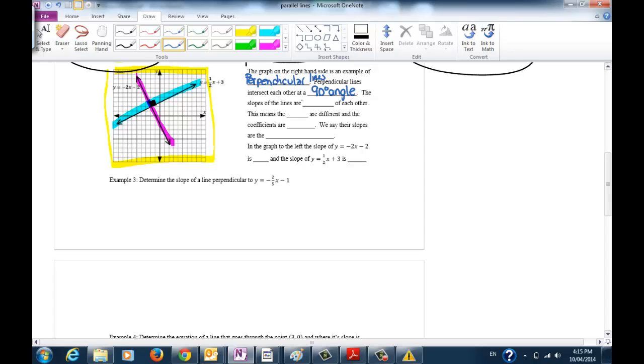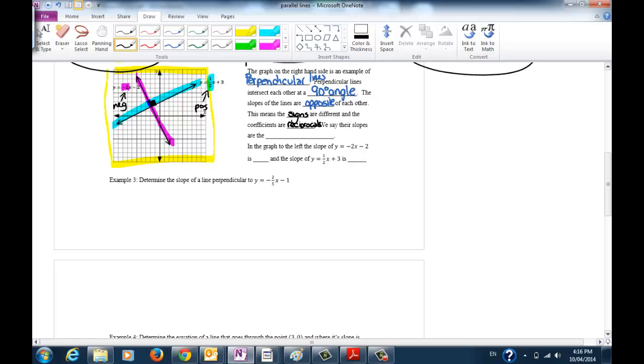The slopes of the lines are opposite of each other. So this means that, notice if I look at the slope, I've got a slope up here, which is a half, and my slope over on the other one is -2. So this means the signs are different. Notice that this one is negative and this one is positive. So the signs are different, and the coefficients are reciprocals.